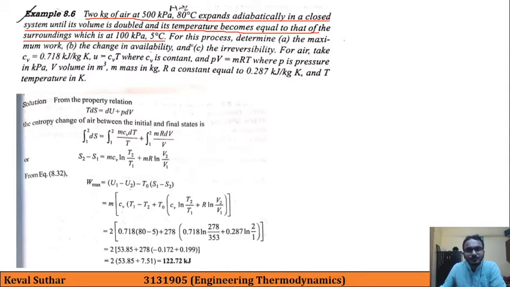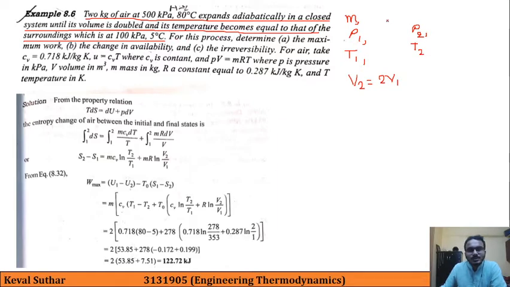We are given mass, we are given P1, T1, we are told that V2 is equal to twice of V1, we are given P2, T2.